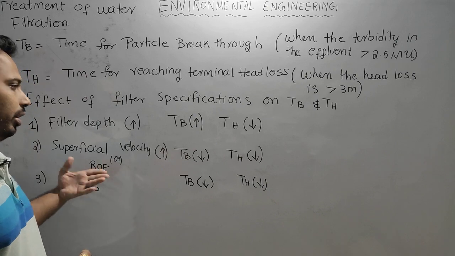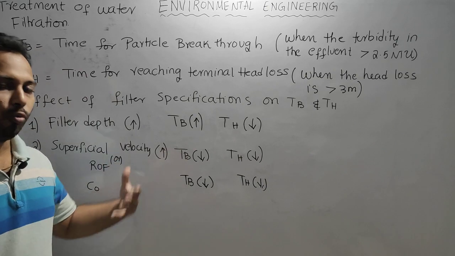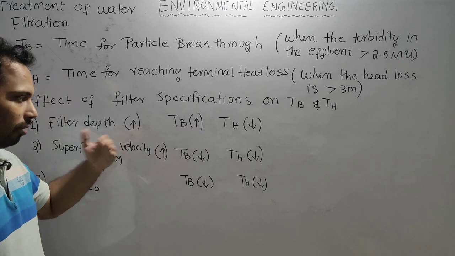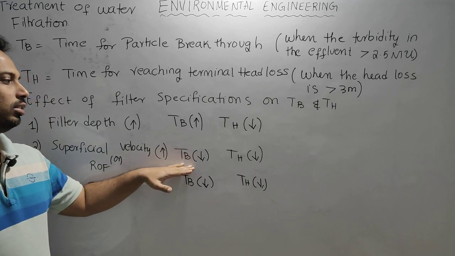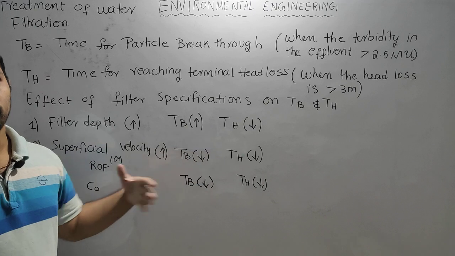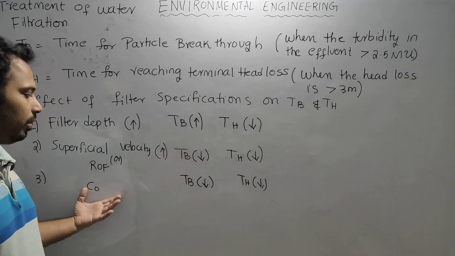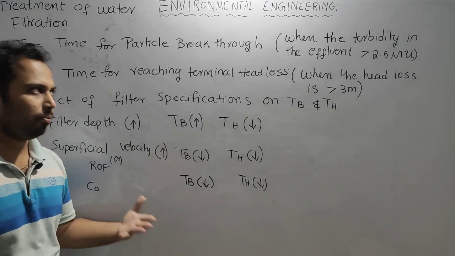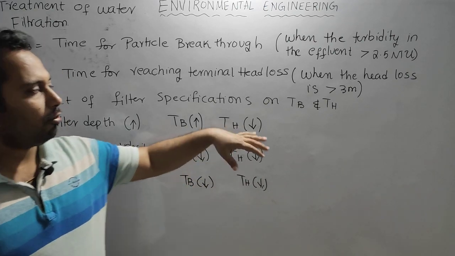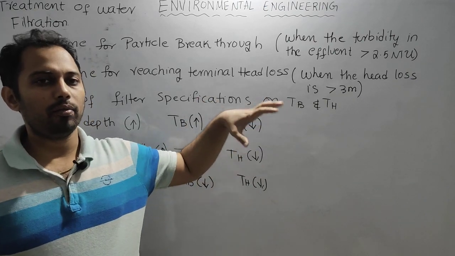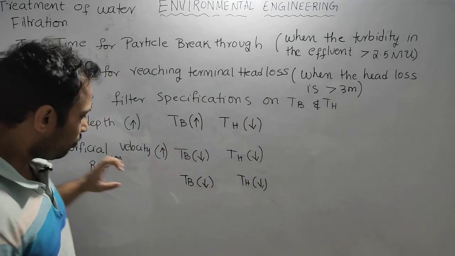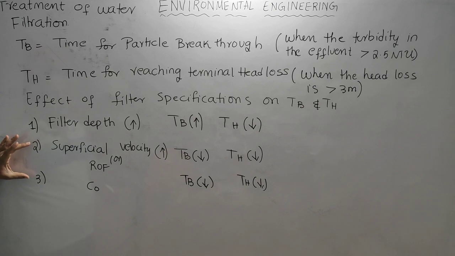So when the rate of filtration increases, more water is coming as well as more impurity. That is why these two are decreasing. If water is less but impurity concentration is more, then in that case also both will decrease, because very fast the filter will get exhausted because of the higher concentration of impurity. So the effect of both is the same, but they happen in a different way.